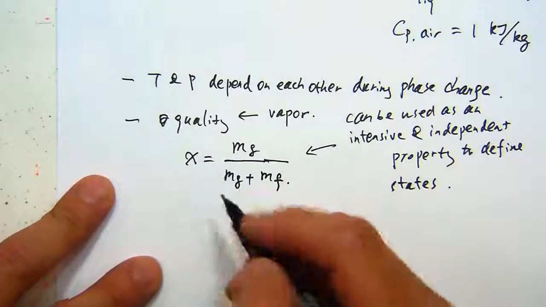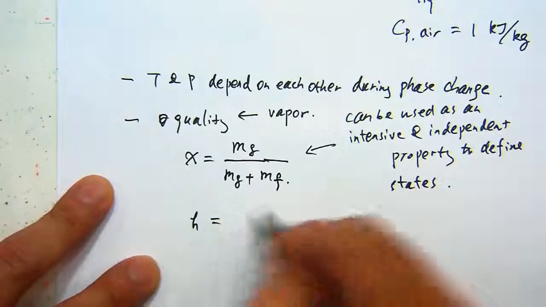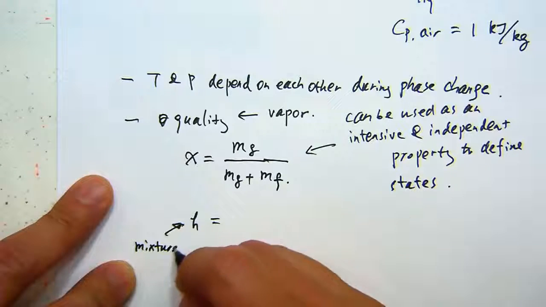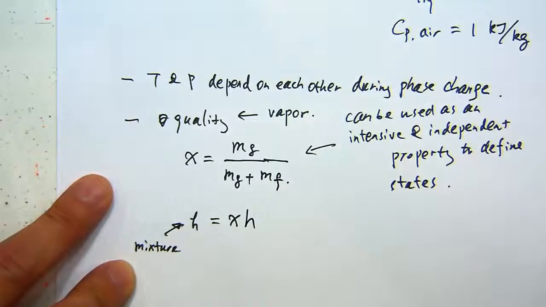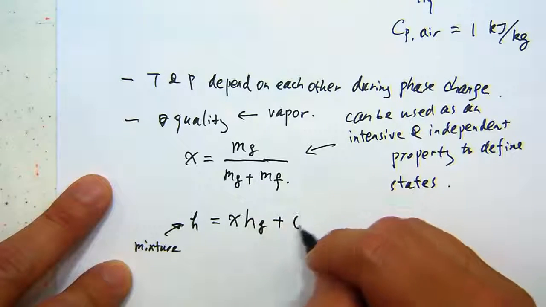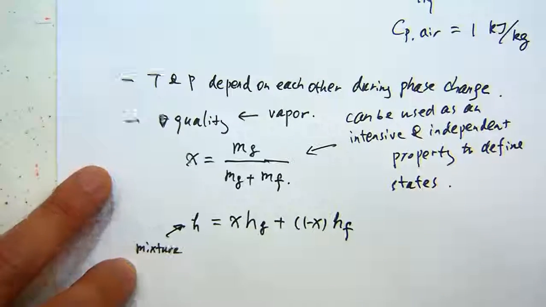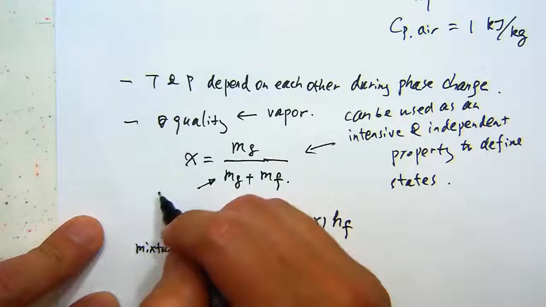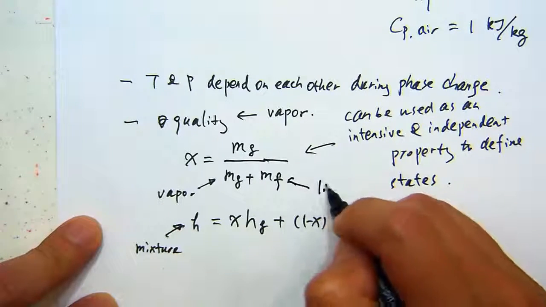So from there you can calculate the enthalpy of the mixture. It can be calculated as X times the enthalpy of the vapor section plus (1 minus X) times the enthalpy of the fluid or the liquid section. So maybe I should say this is for vapor and this is for liquid. All right.